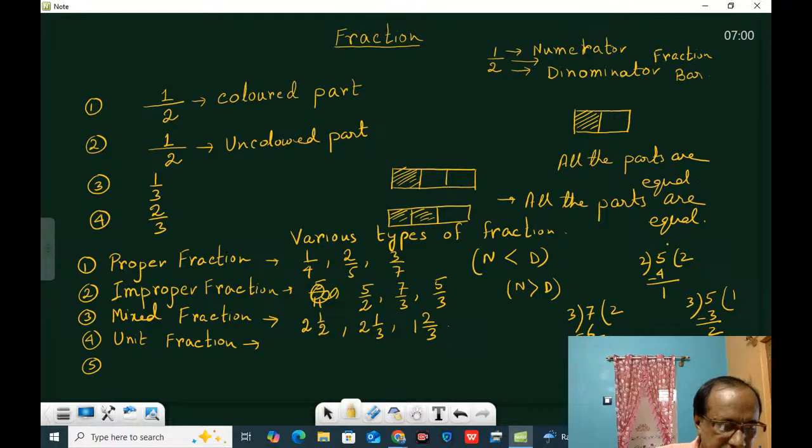And there are also unit fractions. Unit fractions are those fractions in which there is a unit. Unit means one, so the numerator is always 1.